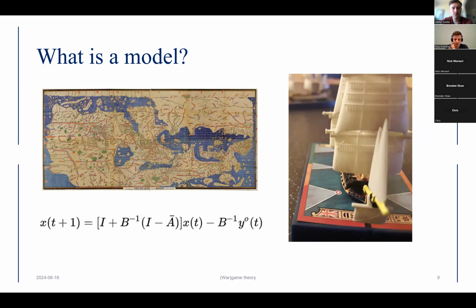Now, of course, I've already used the word model quite a bit, but I think it's also relevant for us to discuss what a model is for our purposes today. Because when we talk about models, you can have many things. On the right-hand side, you see a model ship from the Age of Sail game, or Sails of Glory, maybe. Sorry, I might be messing up the name of the game.